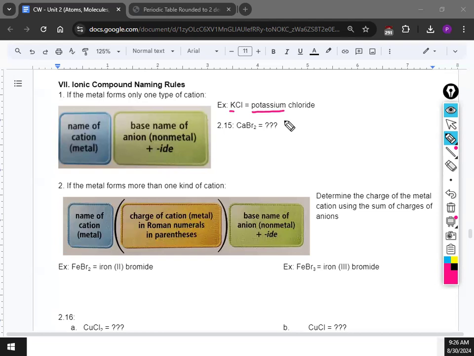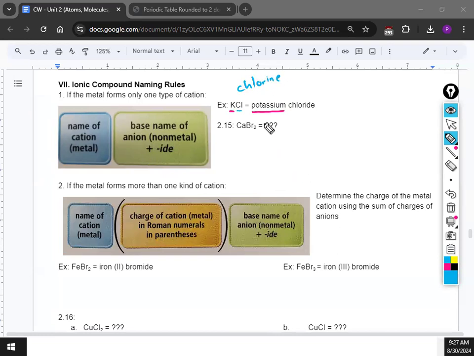Okay, so if it only forms one ion, the metal, you just write down the name. And then the second part of the name is the anion. Okay, so the anion, you just need to change the ending to IDE. Okay, so here we have potassium and chlorine, right? This is chlorine.